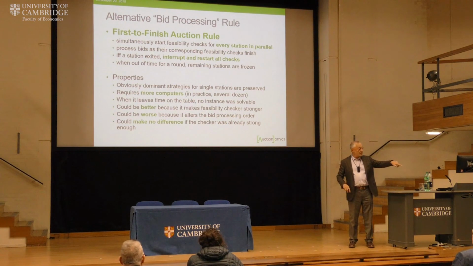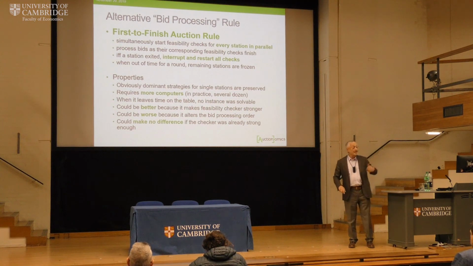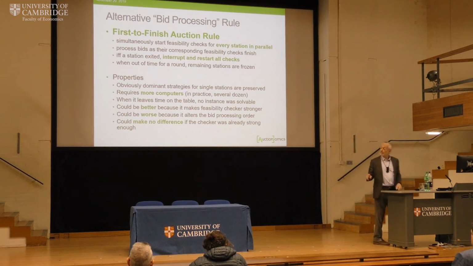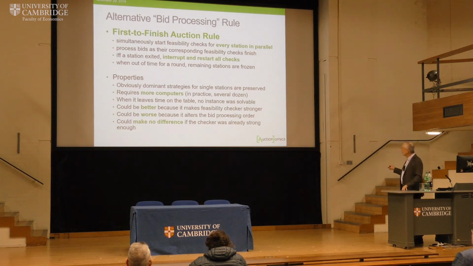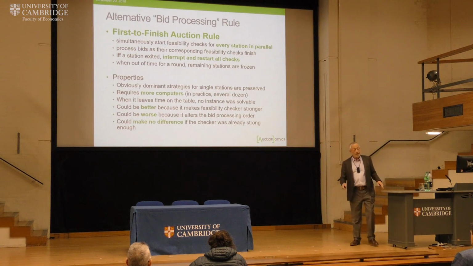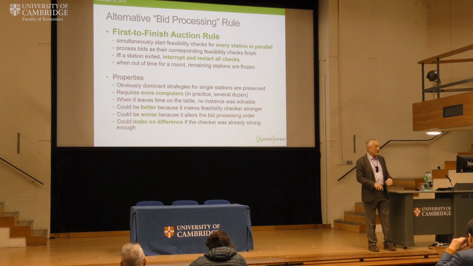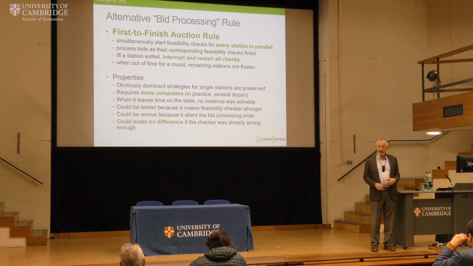Maybe his problem is always hard, or maybe it's only hard if he comes in that position. We might be affecting the hardness of some of the problems. And it could be worse because it alters the bid processing order, and it might make no difference if the checker was strong enough. But we hypothesized that this would eliminate a lot of the time wasted in restarts.